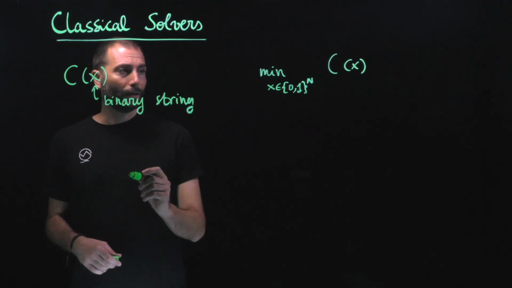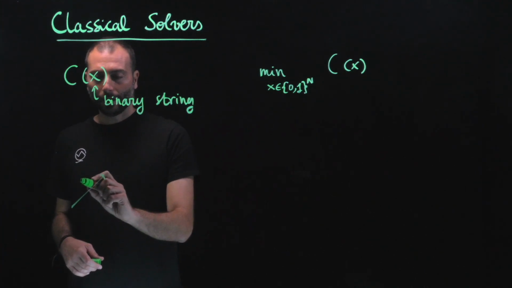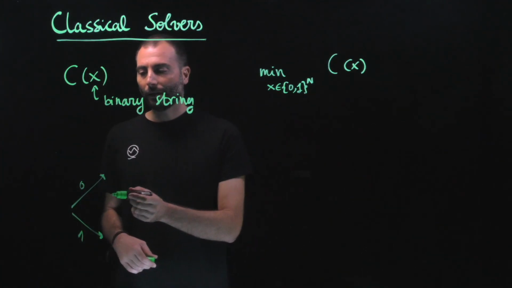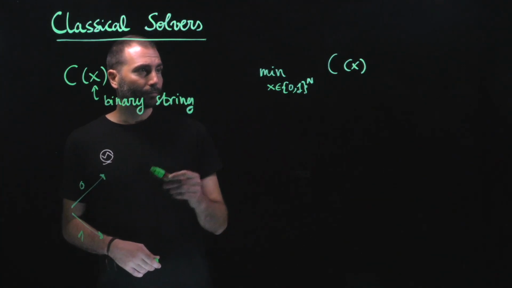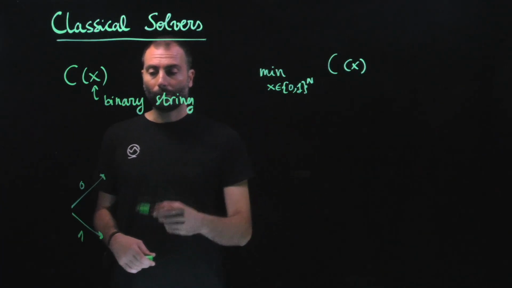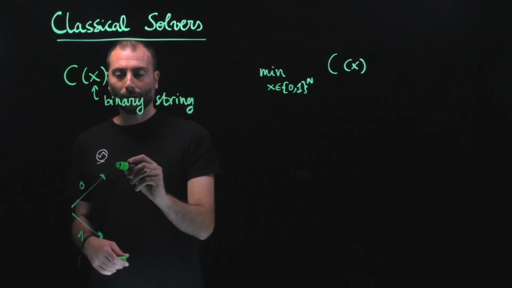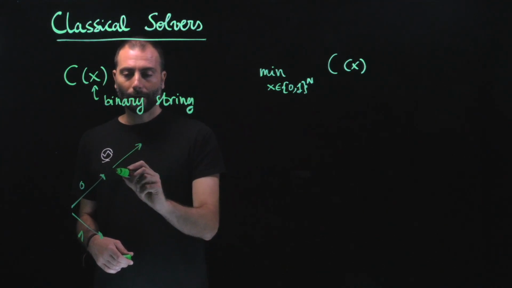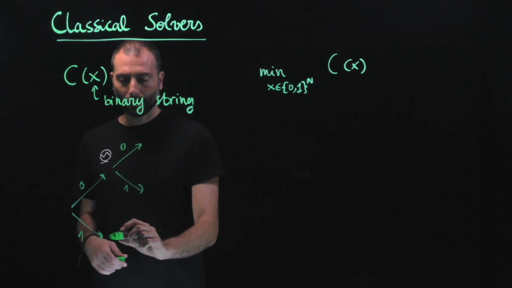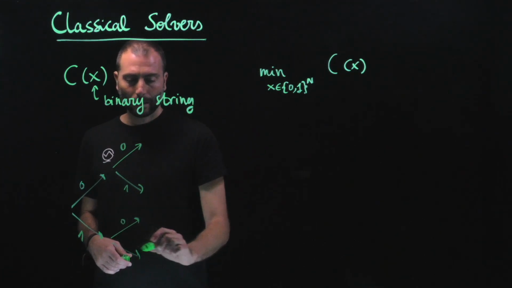We could start with the first bit. The first bit would take value 0 or value 1. If the first bit takes value 0, we could substitute in our QUBO expression x1 by 0, and we would get a second expression that we could evaluate. Then the second bit would take value 0 or 1, the same here, and so on and so forth.